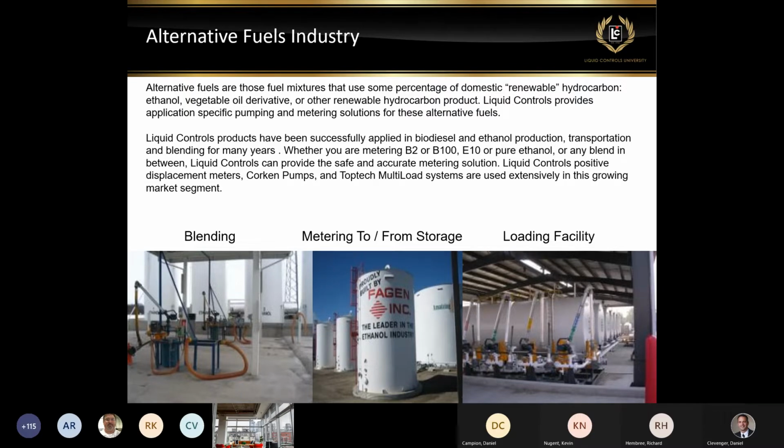As transports come in, the bulk trucks, they're going to need to know how much fuel they're taking out of each of those tanks. Because the worst thing that can happen is if they don't know what their inventory is in these bulk facilities, so they know how much they have and when they need to reorder. Because no one wants to have too much fuel, no one wants to have too little fuel. Next one, please.